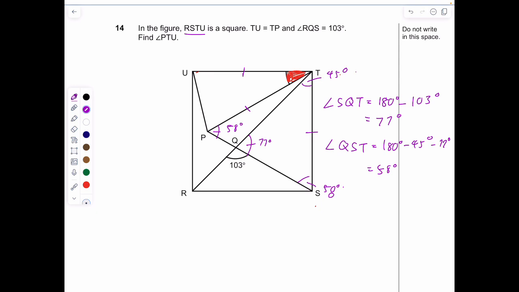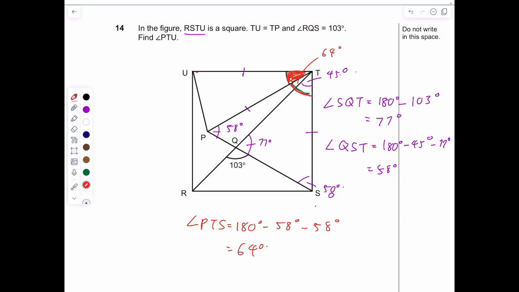So now that we know that this is 58 degrees, we will actually be able to find out what is this angle over here, which is angle PTS. So angle PTS would be 180 minus away 58 minus away 58. So that will leave us with 64. So this part over here is 64 degrees.